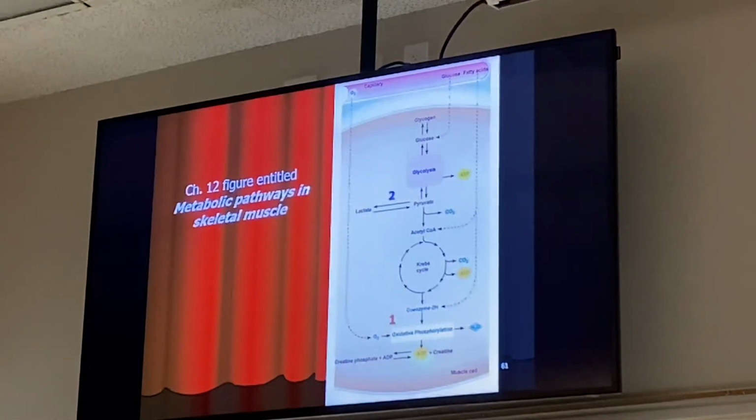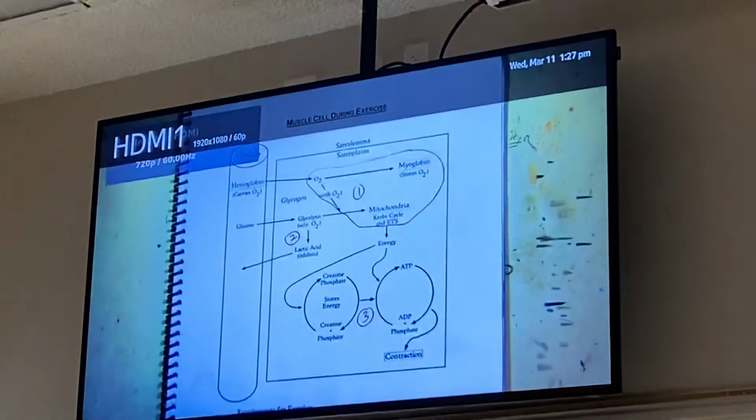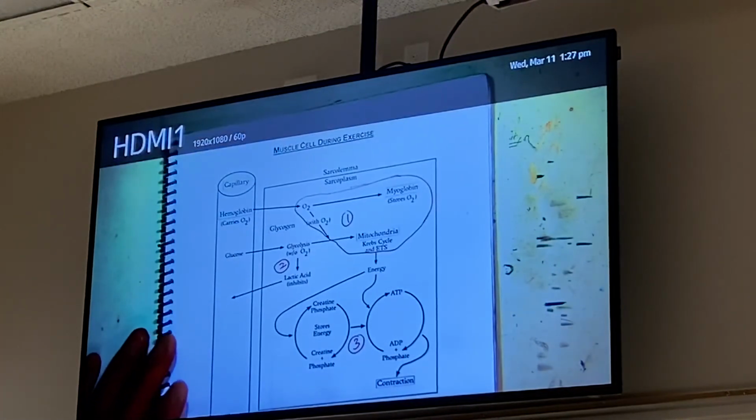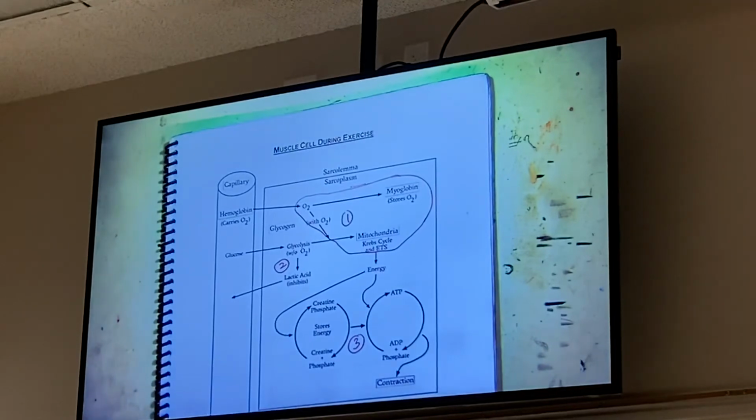Okay, so we got this figure here with 1, 2, and 3. This is not the order that they happen. I'm covering 1 and 2 first because we covered that in lecture exam 1. 3 is the one I'm adding right now. So on this page 44, you can write these numbers down that correspond to this slide here, 61. Aerobic respiration is number 1, that's with oxygen. Anaerobic respiration is number 2, without oxygen, yielding lactic acid.